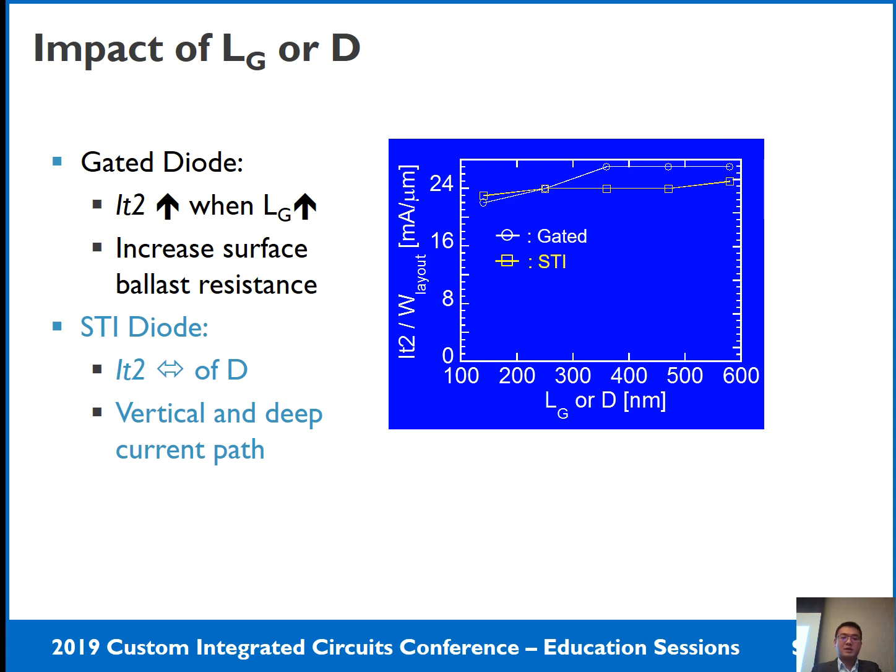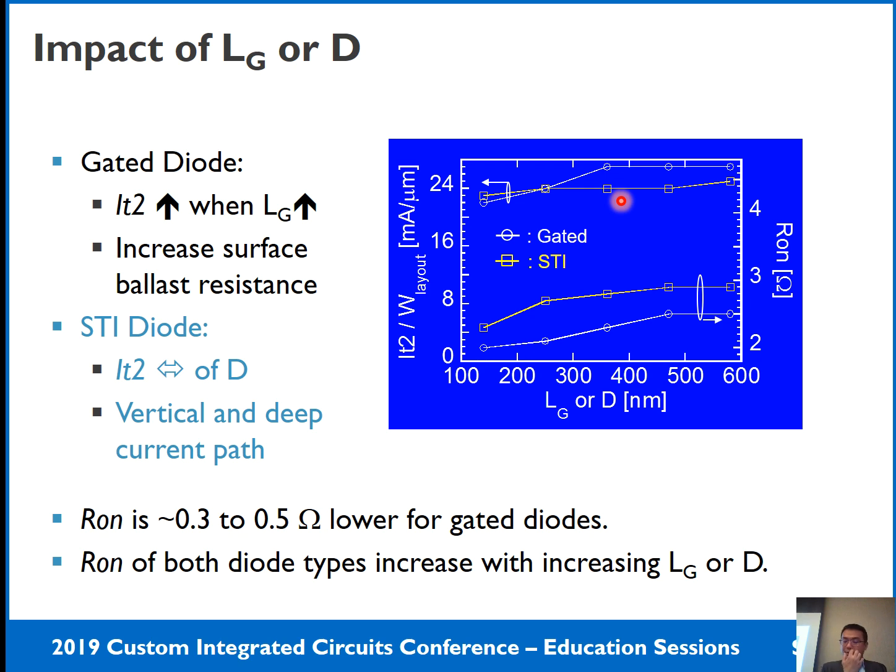This increase can simply be explained by the increasing surface well resistance. In the STI diode, the It2 is almost independent of the anode-cathode distance, because the STI diode has a vertical and deeper current path. It is less impacted by the horizontal layout parameter.